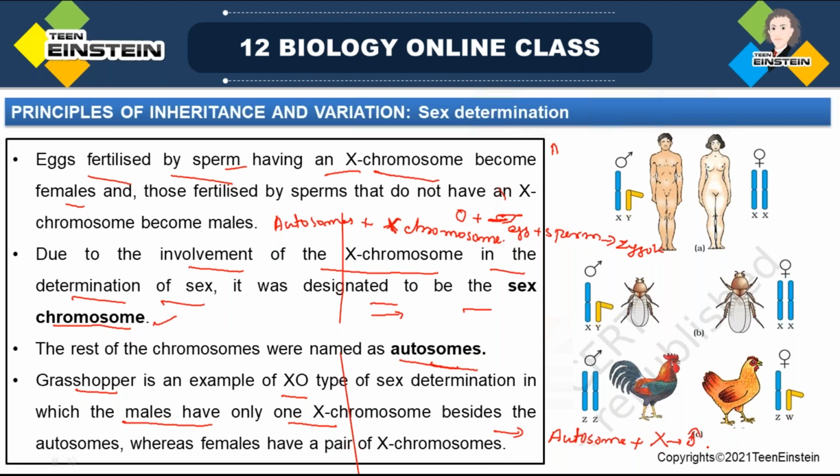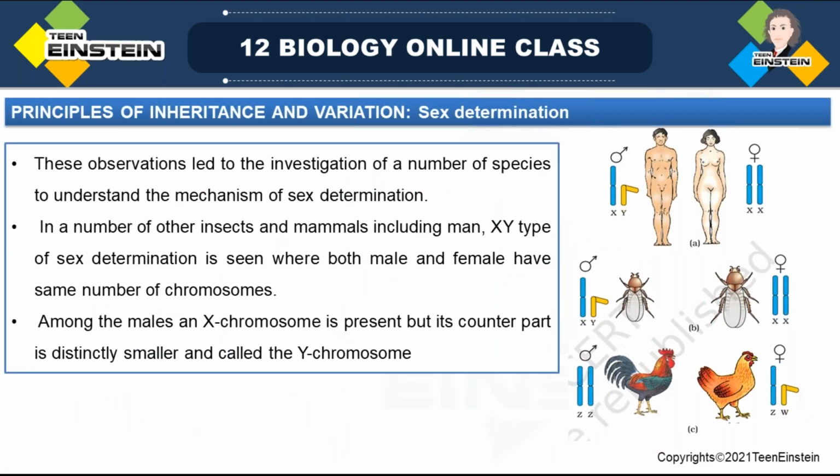In that, male have only one X chromosome besides the autosomes, and in female, they have a pair of X chromosomes.